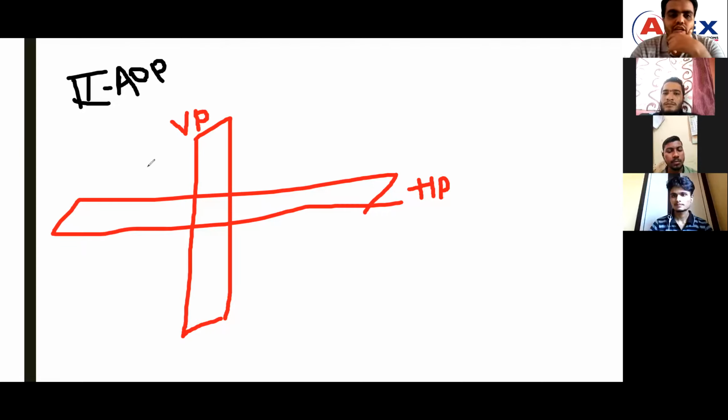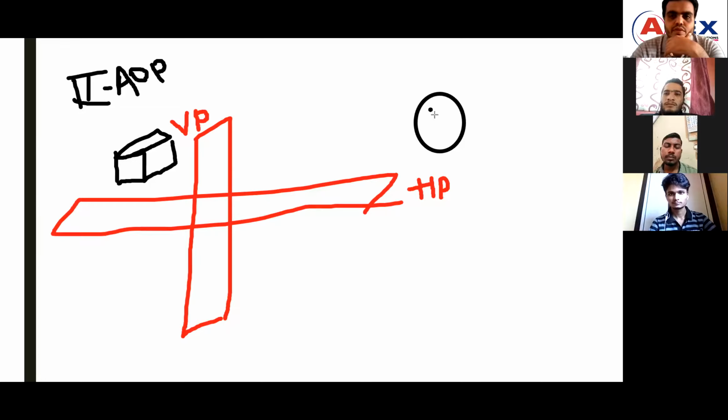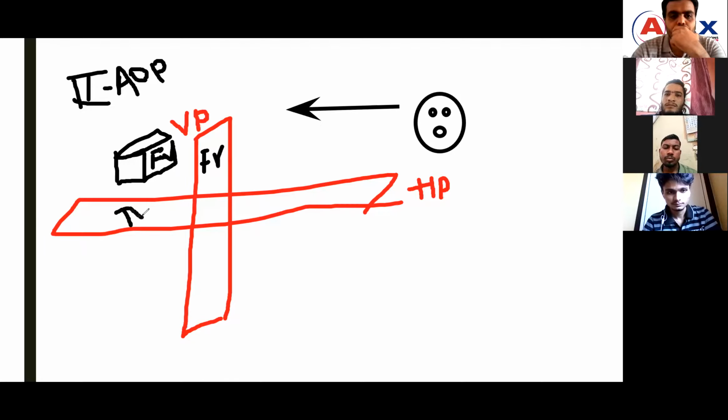In the second angle of projection, the object is placed in the second quadrant, and the observer will remain here. The front view is projected on a vertical plane, and the top view on a horizontal plane.